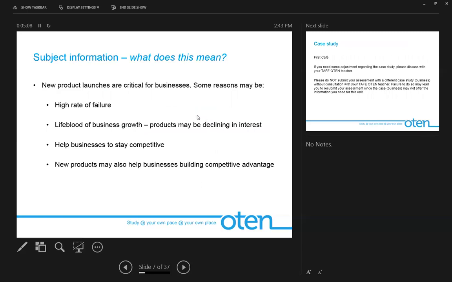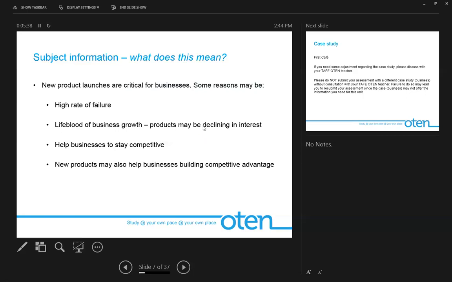Why new products or new service or new market? Well, they're critical for businesses. New products are critical for businesses because they drive business growth. They also help the organization to stay competitive. In other words, they help the organization to build competitive advantage. But in saying that, if you look at new product launches in the market, the chance for new products to fail in the market is quite high.